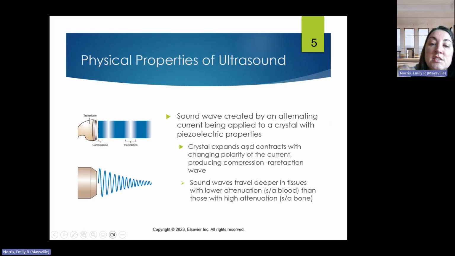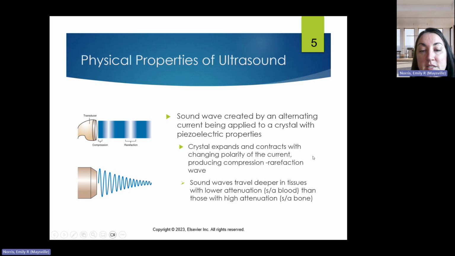In this case, there is a crystal inside of the transducer head that expands and compresses, that compression and rarefaction, in response to an electrical current. You give it a certain amount of electrical impulse and it expands and compresses based on that impulse. That's the property we use to create the effects of ultrasound.